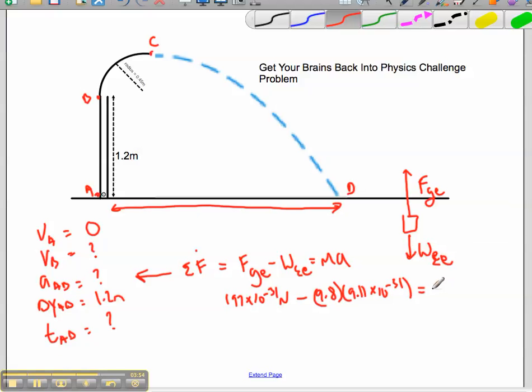And that should then equal the mass, 9.11 times 10 to the negative 31, times acceleration. And if I put all those numbers in and calculate them out, I get 11.82 meters per second squared for the acceleration. We'll pick up the next part of the problem in the next segment of the video.